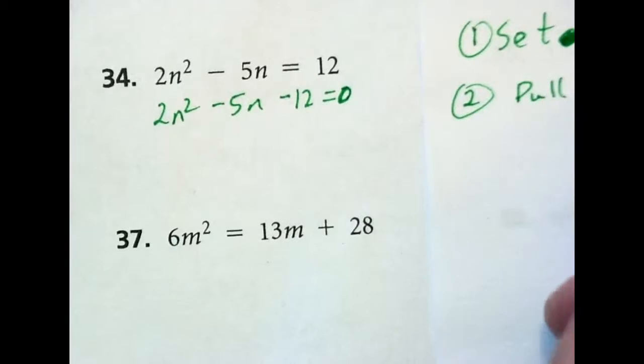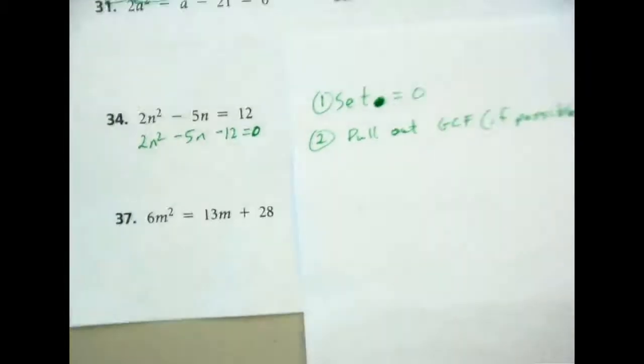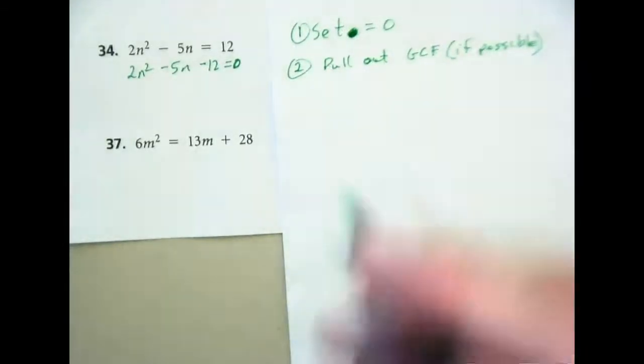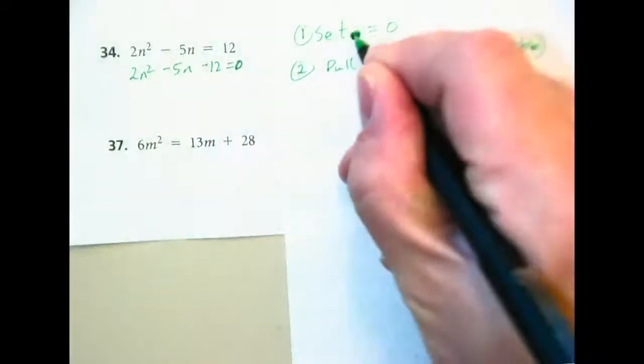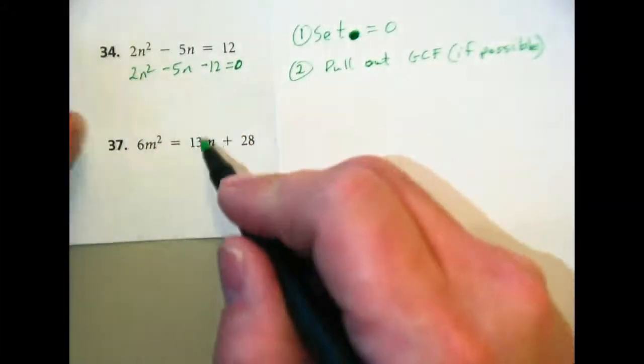So these are the things that we've done today and throughout this chapter. And that's not always possible. So that's if possible, pull out a greatest common factor. In this case, is there anything that goes into 2, 5, and 12 equally?